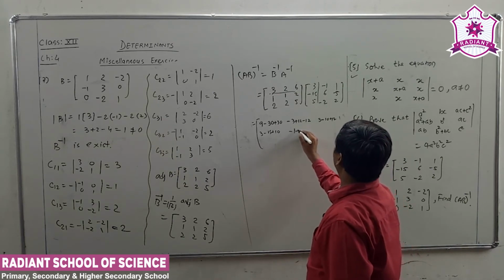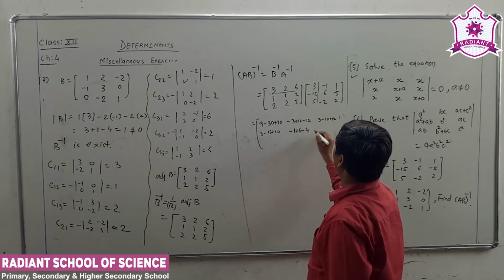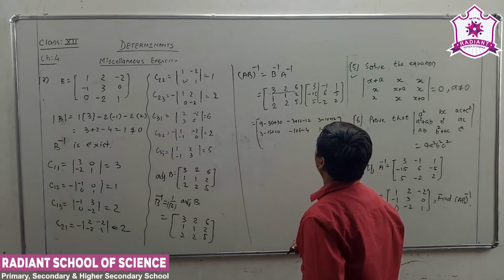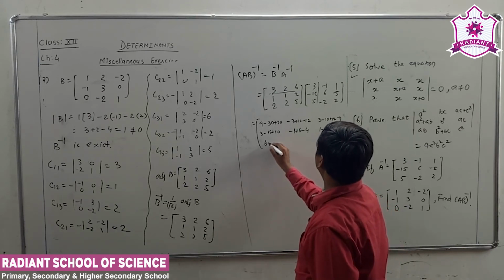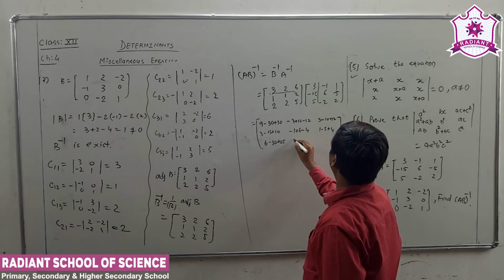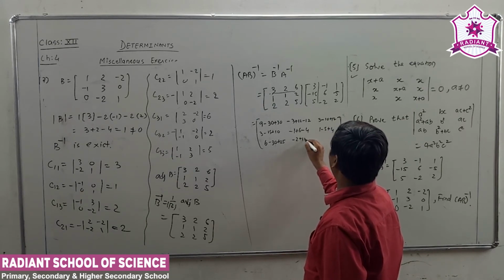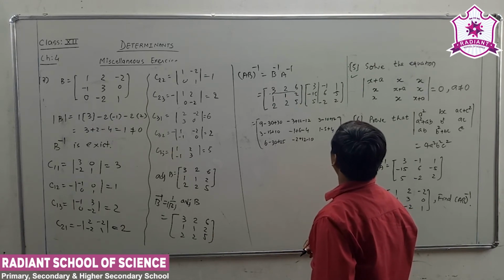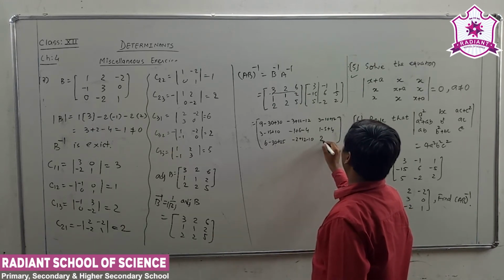Minus 1 plus 6 and minus 4. 1 1s are 1 minus 5 plus 4. Again, 2 3s are 6 minus 13 and plus 25. Minus 2 plus 12 and minus 10. 5 2s are 10, but minus. Again, 2 1s are 2 minus 10 plus 10.